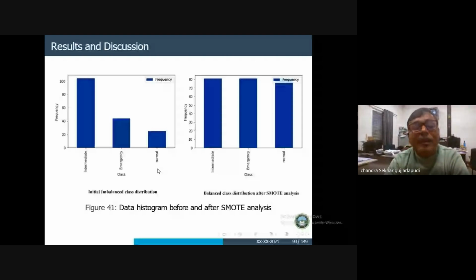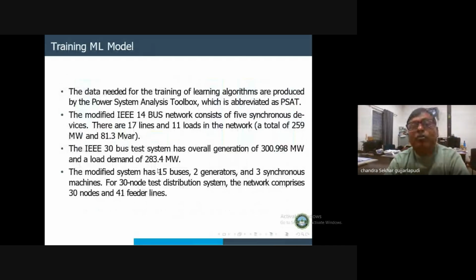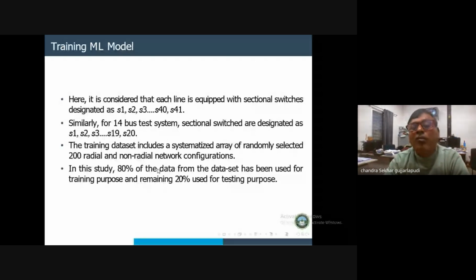And to make it balanced, we have utilized SMOTE analysis. Now after doing that, we have made a data set of 200 data points. Out of that, 80% of the data we have given for training purposes, and 20% of the data we have given for testing purposes.